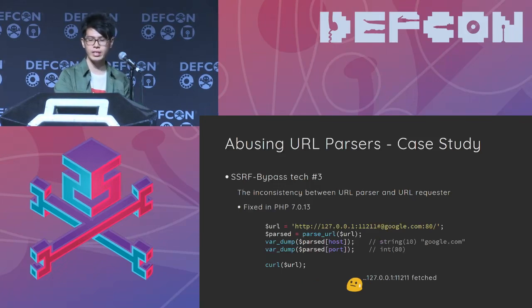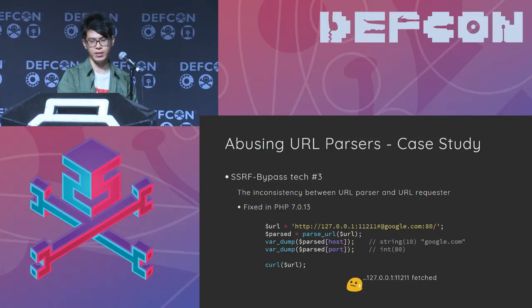The last bypass is the inconsistency between the parser and the requester. We mentioned several URL parsing bugs before. By using these bugs, we can bypass all the restrictions. For the number sign bug, parse_url recognizes google.com as the hostname, but curl fetches 127.0.0.1.